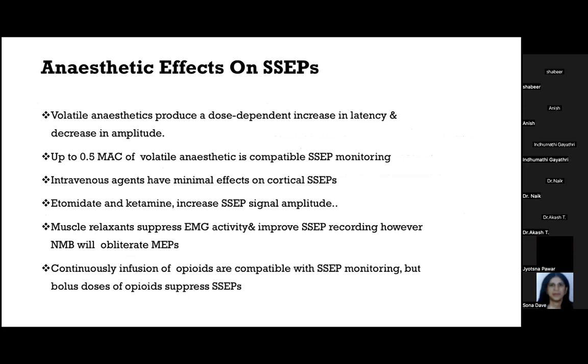Etomidate and ketamine can increase the SSEP signal amplitude. Muscle relaxants suppress the EMG activity and improve the SSEP recording, but one must remember that neuromuscular blockade will obliterate the motor evoked potential. Continuous infusion of opioids is compatible with SSEP monitoring, but bolus doses of opioids suppress the SSEPs.